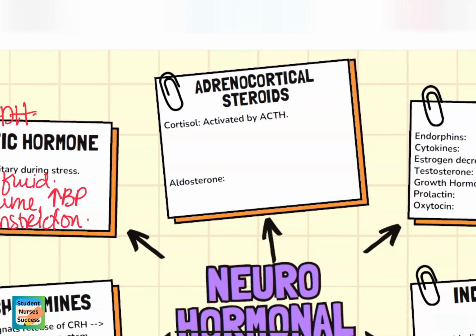Next are your adrenal cortical steroids. Your adrenal cortical steroids include cortisol and aldosterone. Now, cortisol is activated by ACTH, which your hypothalamus also releases. And cortisol actually stimulates something called gluconeogenesis. Now, gluconeogenesis is just a really big term for the release of energy from the liver.